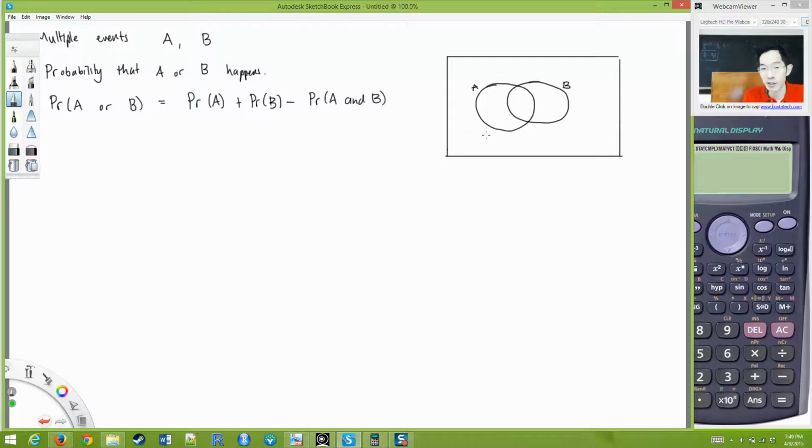Okay? So inside circle A means A happens. Outside circle A means A did not happen.